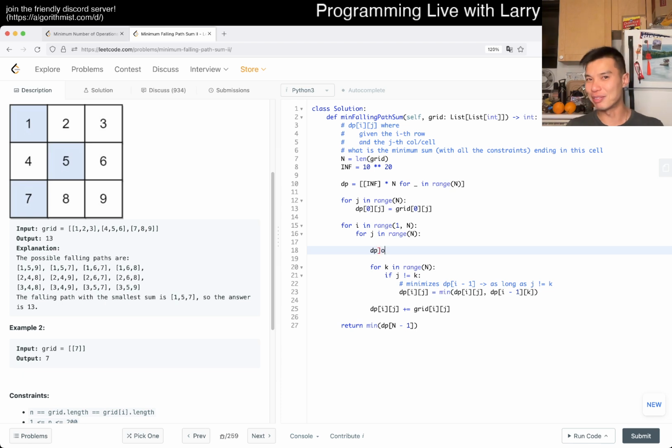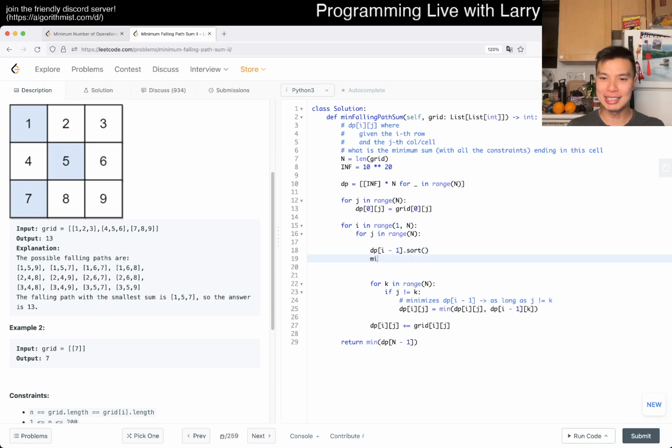Maybe you can even be a little bit faster than me if you like. Let's say we sort this. And then what happens? Then if we try to minimize this function effectively after sorting, what does that mean? Well, it's just this first element, right? So now we're done, right?